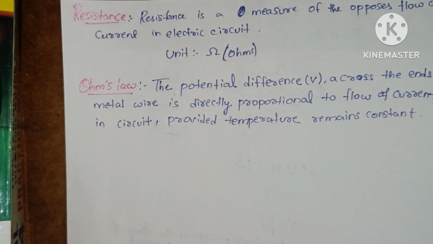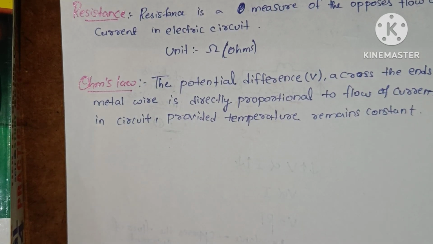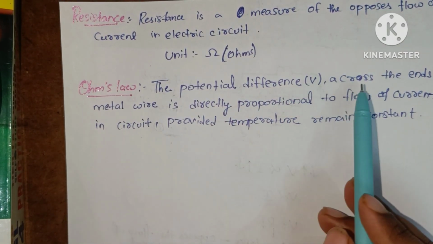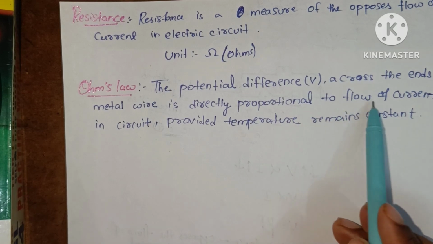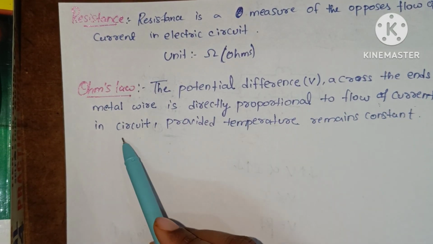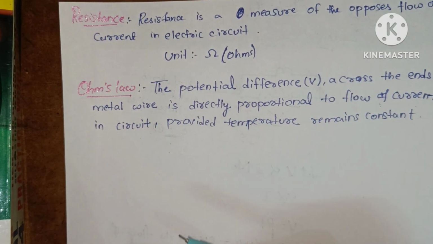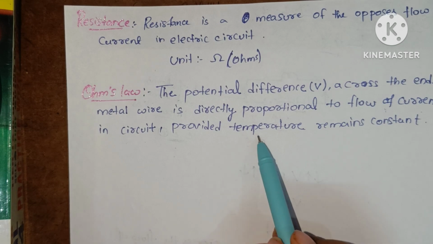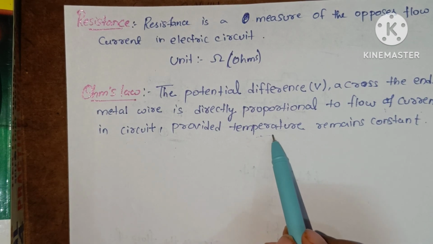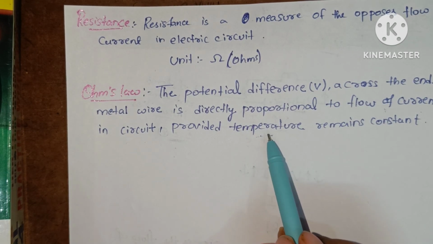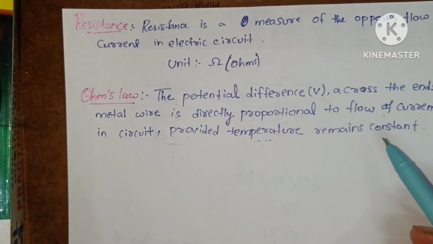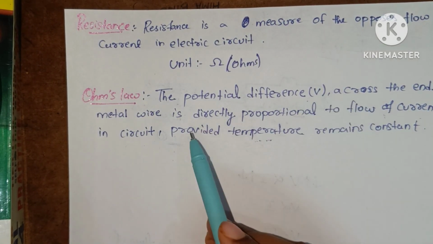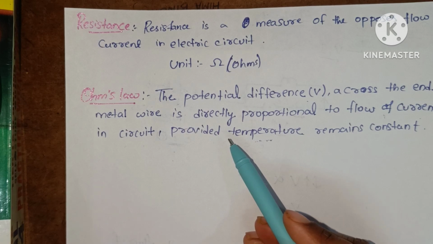Provided temperature remains constant. The potential difference across the ends of a metal wire is directly proportional to the flow of current in a circuit, as we said before. So what should it also have? Temperature should remain constant. If the temperature changes, the voltage and current will also change.